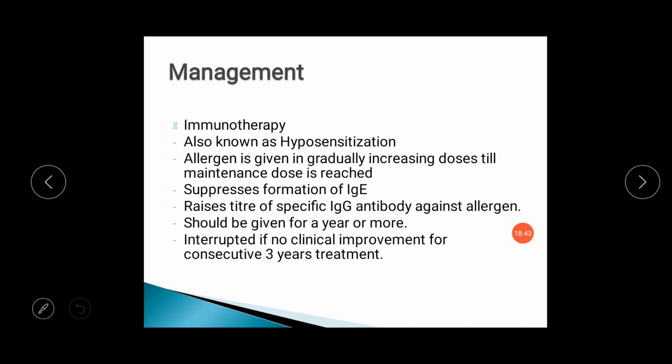This continuous increasing dose will develop specific IgG antibody against that particular allergen, and the patient will not develop allergic reaction gradually over the 1 gram, 2 gram or 3 gram. So this type of hyposensitization of the patient's body's reaction to a particular allergen will be done in immunotherapy.